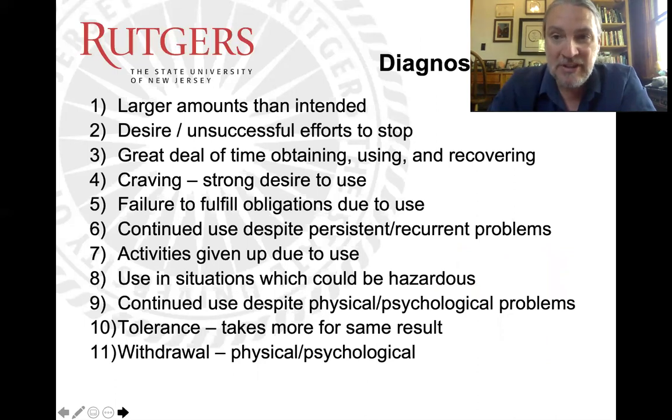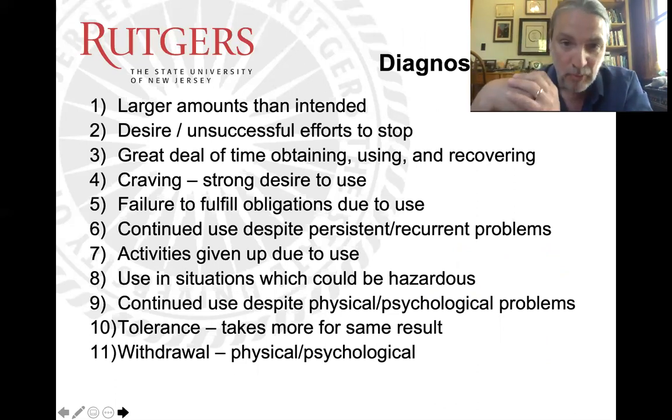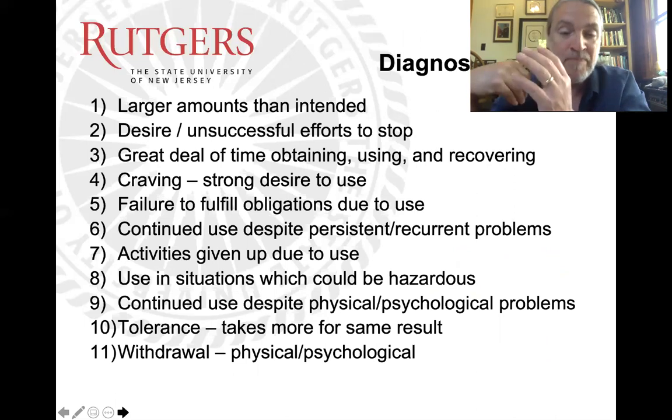So how the DSM looks at it now is they look at this list of symptoms, and how many of these symptoms the person actually meets determines their criteria. Some of these are very straightforward. The person uses more than they intend to. They've tried to stop before and they've failed.